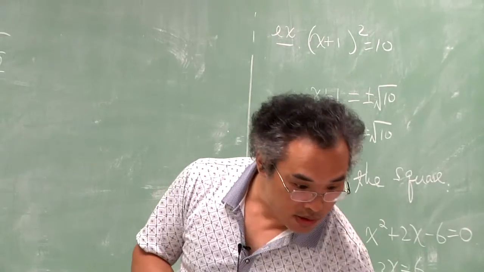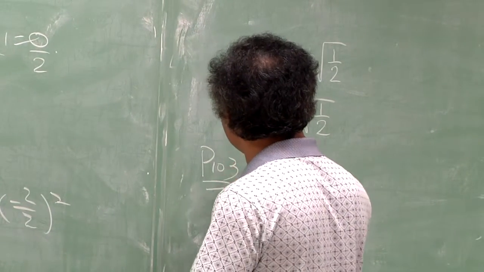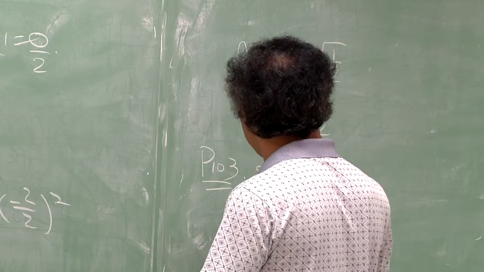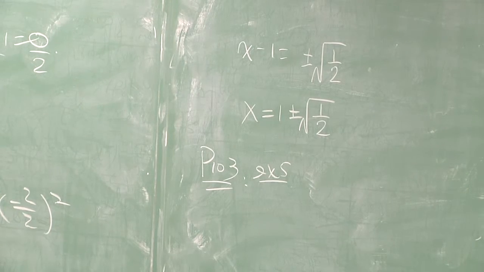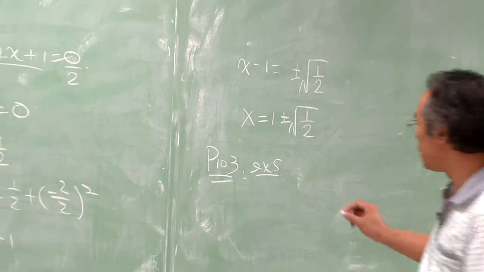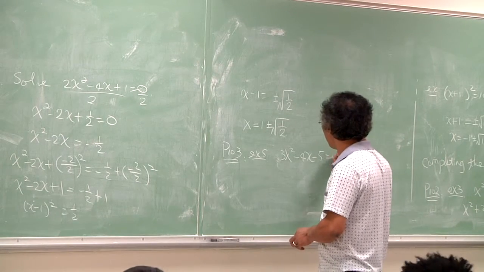So let's do example 5 on page 103. So this time the equation to solve is 3x squared minus 4x minus 5 equal to 0.